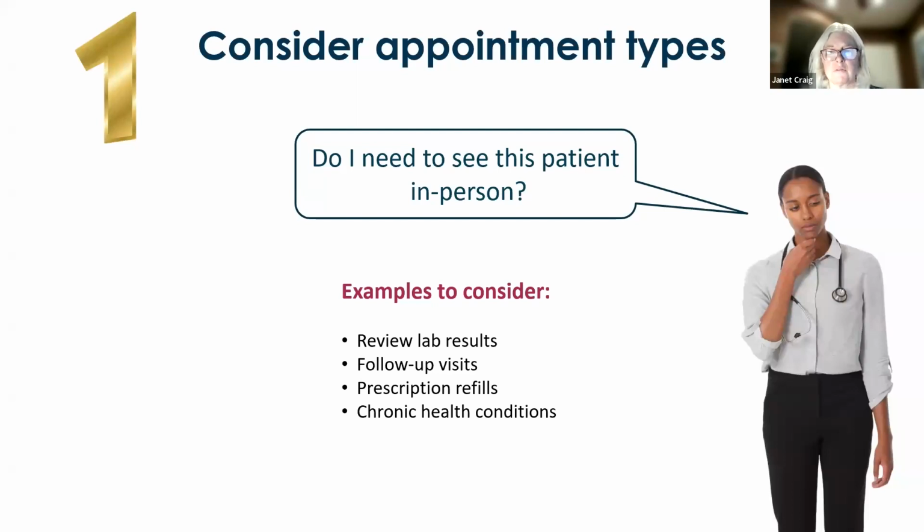Could you review lab results either virtually or with a quick message via the patient portal? Do you even need to see the patient to do prescription refills? Can you send it straight to the pharmacy when they ask you? Chronic health conditions, can you follow up another way? Those are just some things to consider.